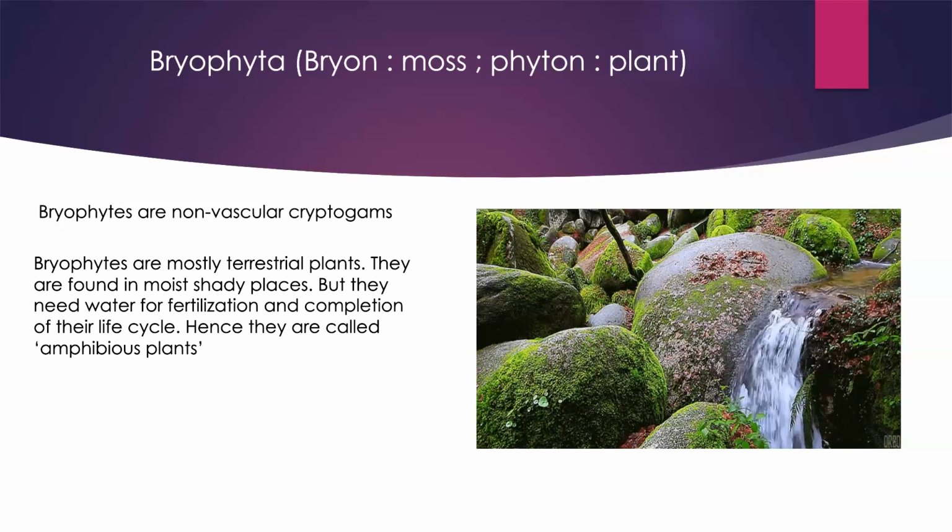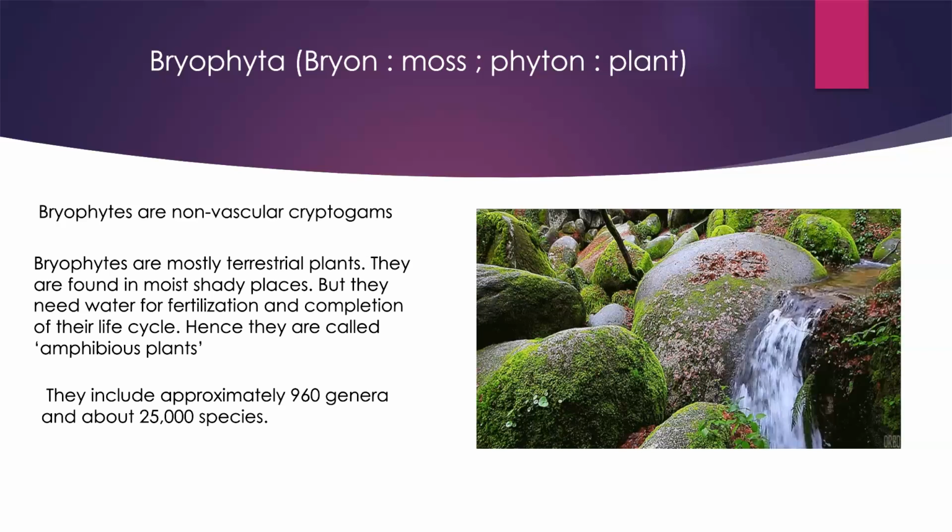They grow in moist shady places like rocks, but they need water for fertilization. That means they require both land and water for completion of life cycle. So the bryophytes are also called amphibious plants.